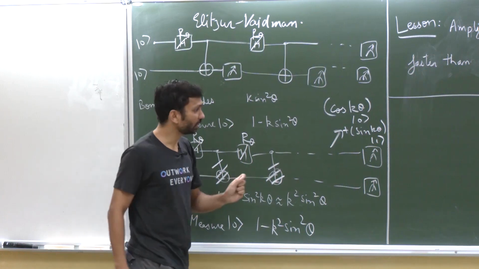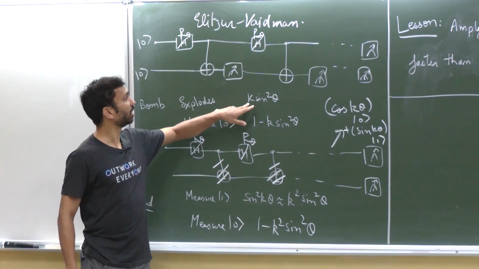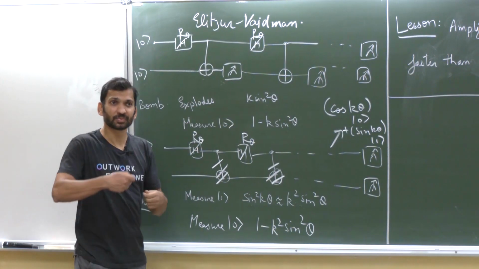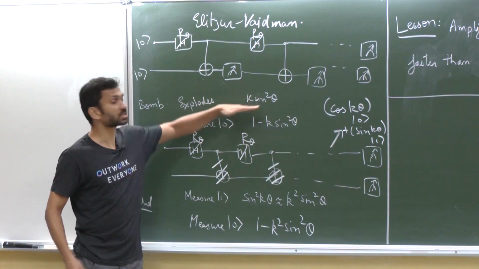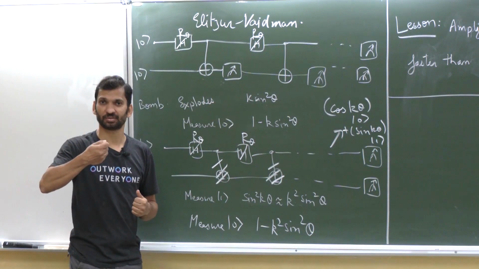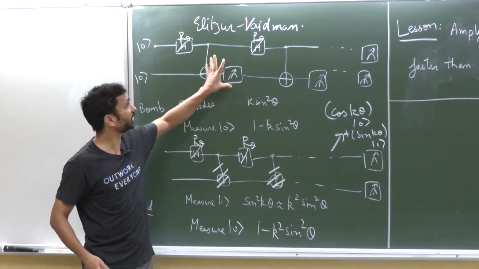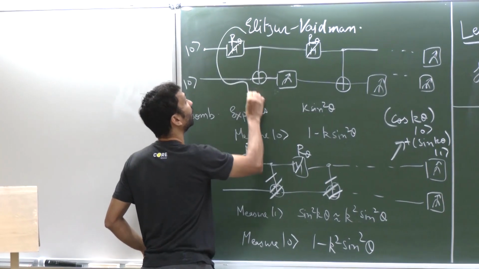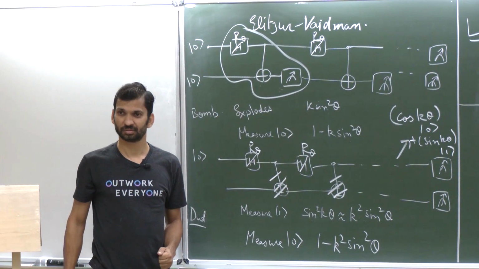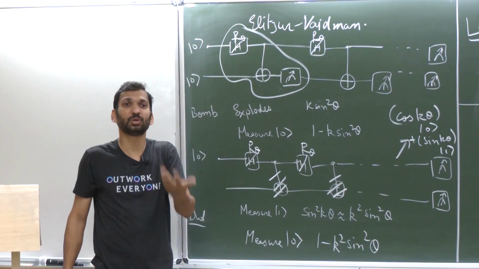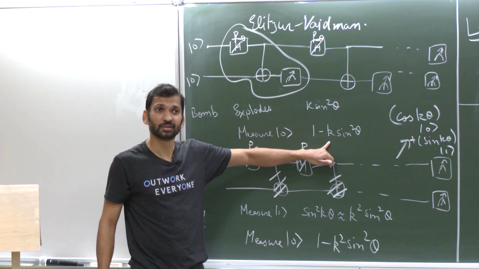This is what we wanted to show. And the reason why we are learning this again is because there is an important lesson here. How did k sine square theta come? We added probability k times. So this was our probability amplification. The bomb exploding probability keeps increasing every time I apply this circuit. First sine square theta, then 2 sine square theta, then 3 sine square theta. So here I am adding probability.